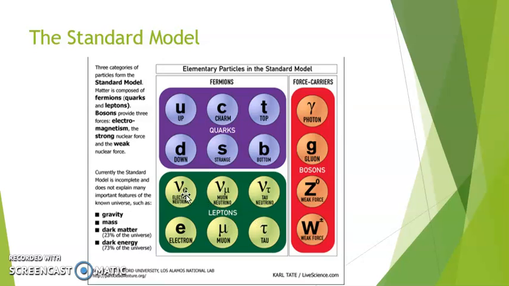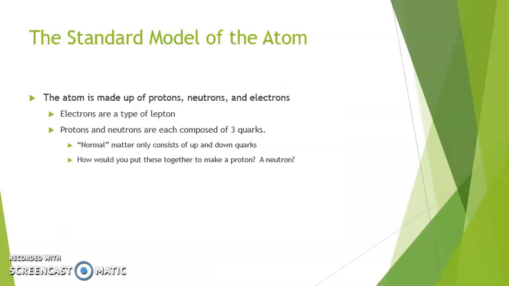So all of these other fermions and leptons, we don't really find in normal matter. So how would these come together to form a proton or a neutron? So obviously they're going to be different combinations of up and down quarks to put together to form the proton versus the neutron.